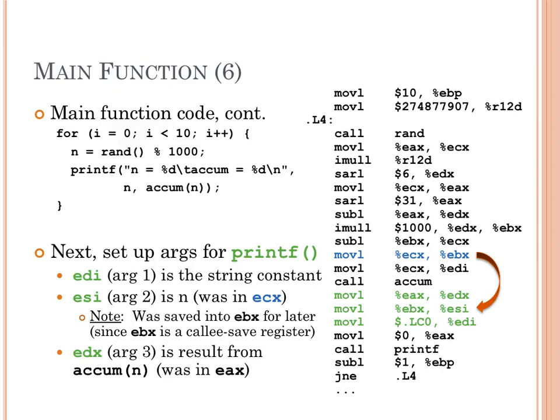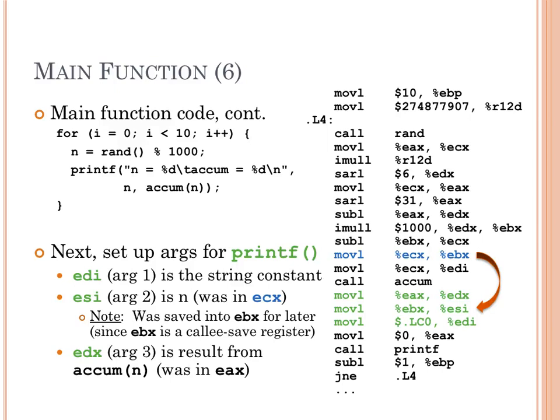And then ESI is the second argument, that is n. So where was n stored? That was in ECX, so it got moved through EBX into ESI. And then we have EDX, the result of accum. Accum put its result in EAX, so we just move EAX into EDX. That's the first move in the green section. Now we're all ready to call printf, right? Everybody with me?